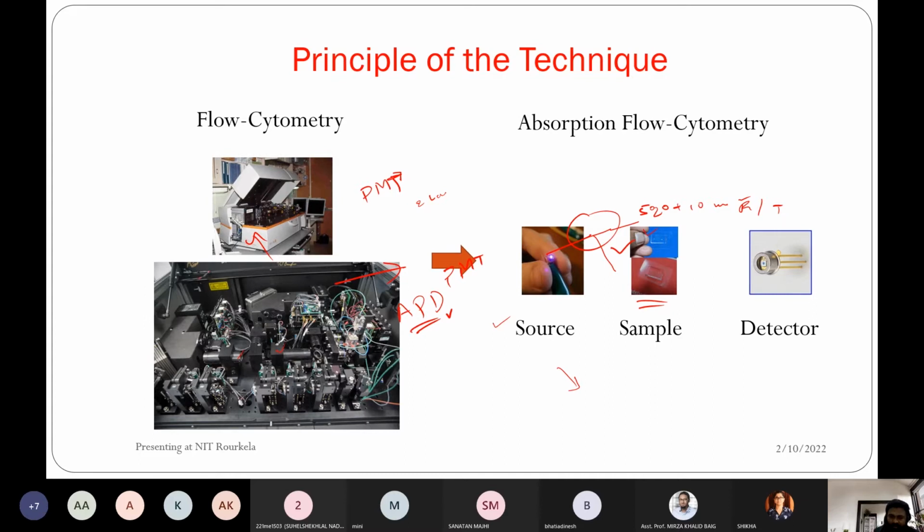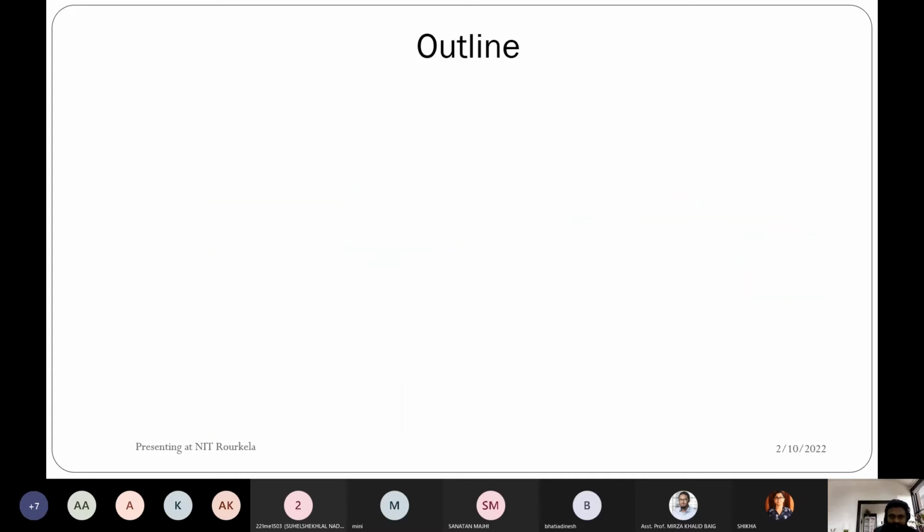In the outline, I will first discuss the different types of instruments, how they work, what is available, and where the instrument we developed stands.